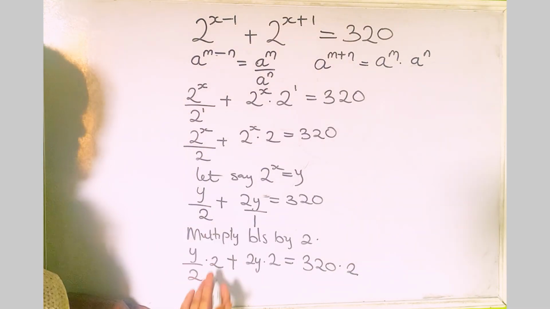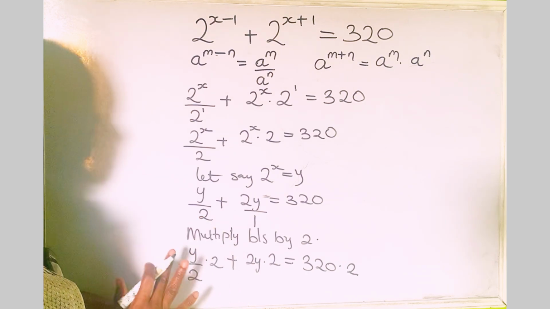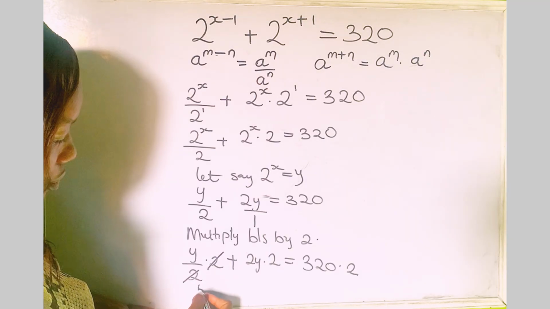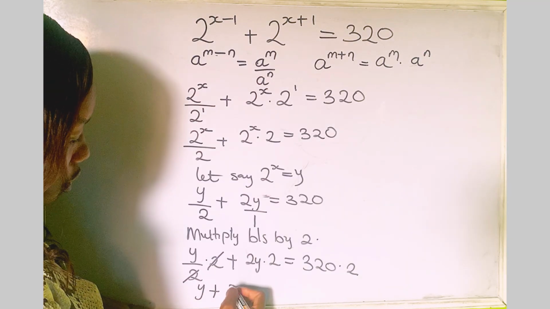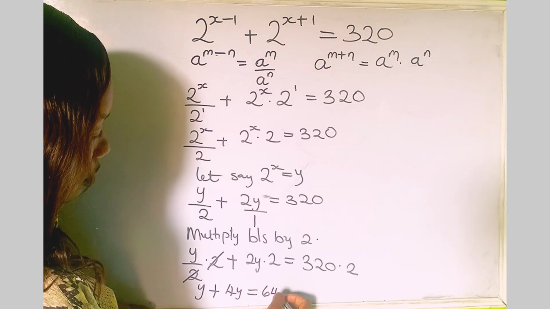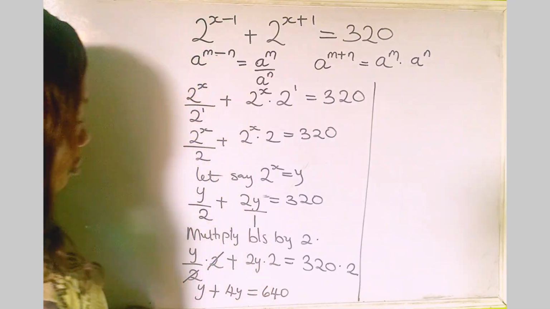Now, what we are trying to do here is eliminate this denominator. We want to make it a linear equation. So 2 cancels 2, and we have y plus 4y is equal to 640.